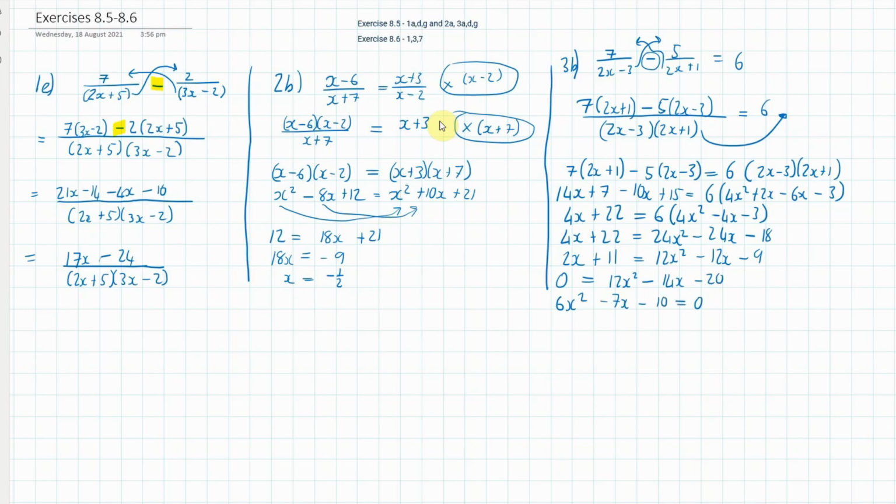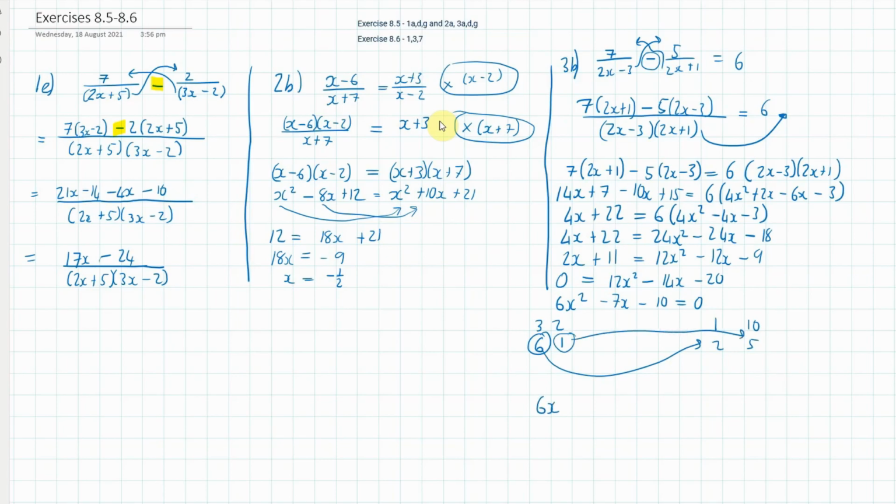At this point, I think I can factorize. So I could have 6 and 1, and 3 and 2, and then I've got factors of 10: 1, 10, and 2 and 5, and I've got to figure out what I'm going to use. Now I think I'm going to go 6 times a minus 2, and 1 times a positive 5. That's what I think I'm going to do.